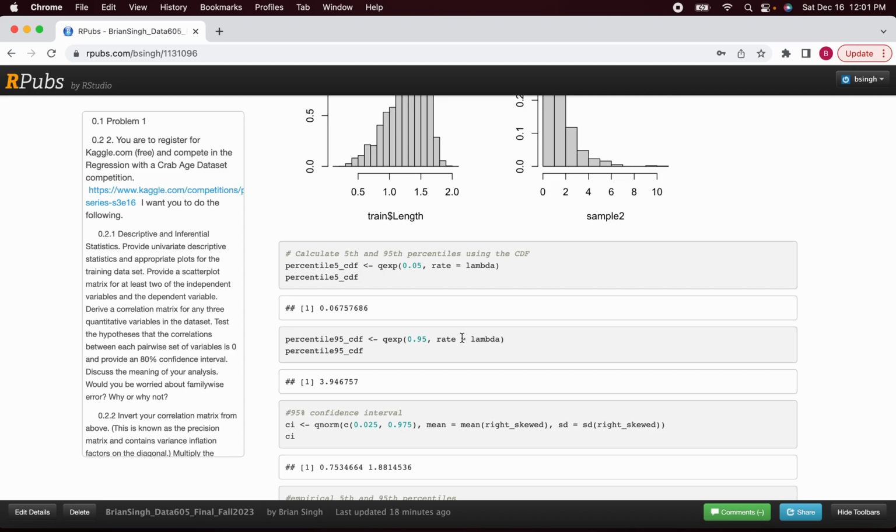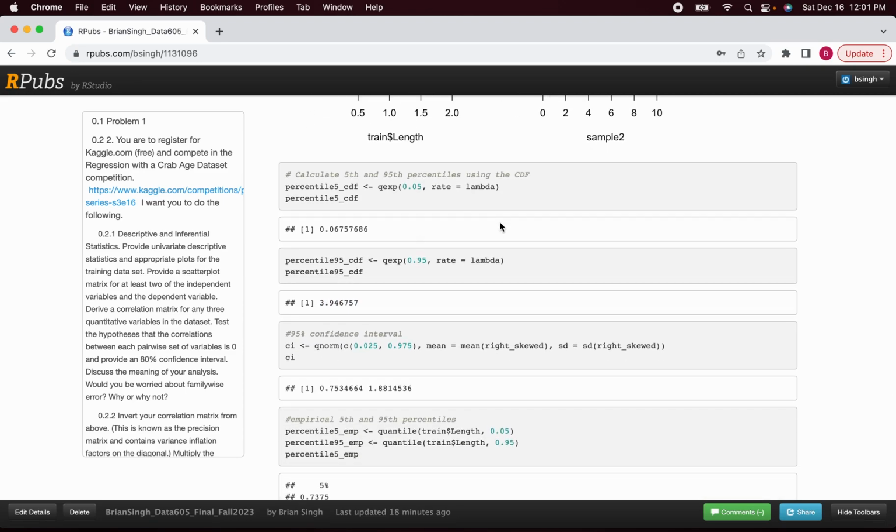So what this is telling us is that in this case, 5% of the lengths in the population are less than or equal to 0.067, and 95% lie below 3.9. And again, this is based on the exponential distribution.